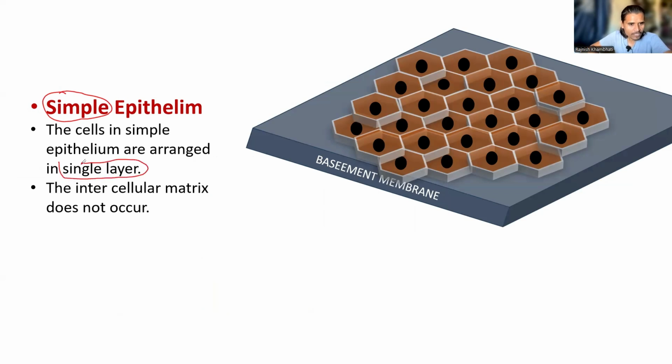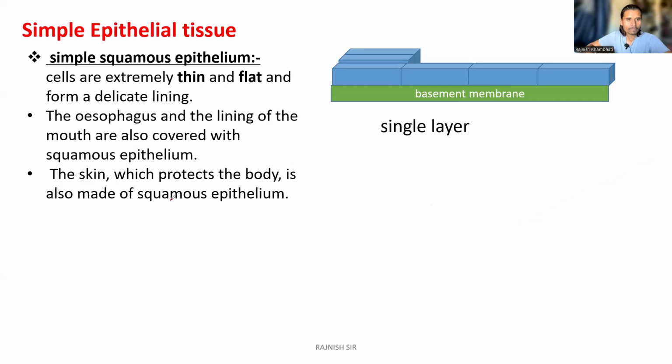When these cells are present in a single layer, it is called simple. So single is equal to simple, and intercellular matrix does not occur. The matrix is absent over here.